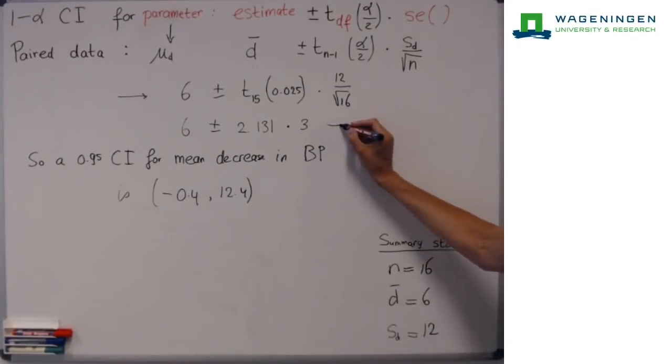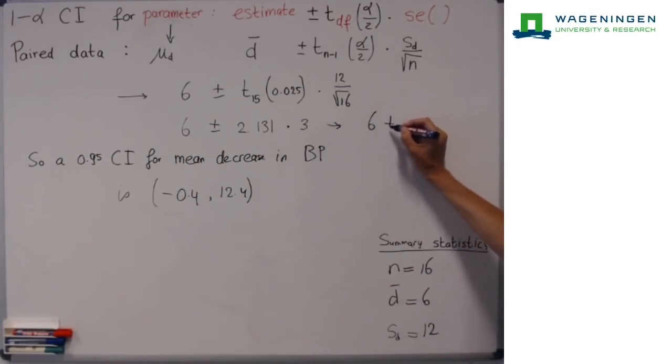I could write that here, 6 plus minus 6.4.